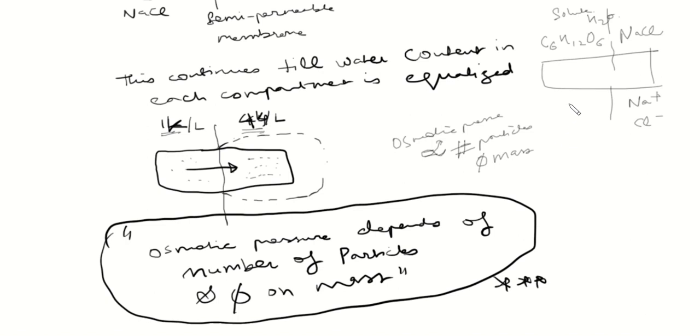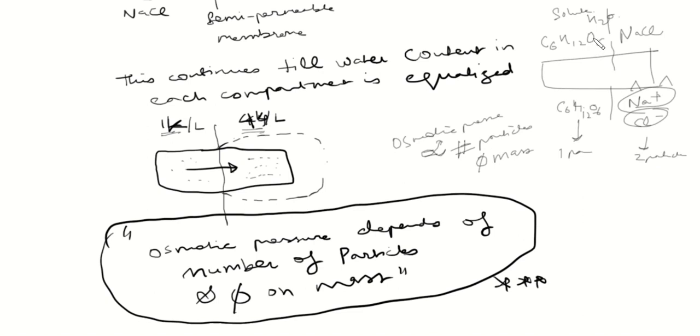Remember, we talked about that in the last video. How many particles do I get with dissolving glucose? I only get one because it doesn't break down into an anion and a cation, right? Anion, cation, right? So I have one particle I get here and I get two particles here.